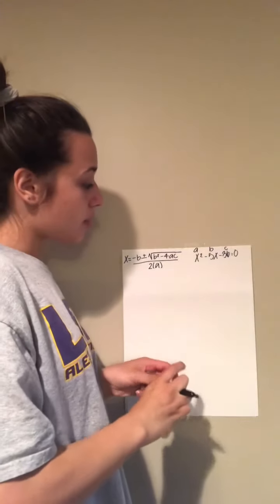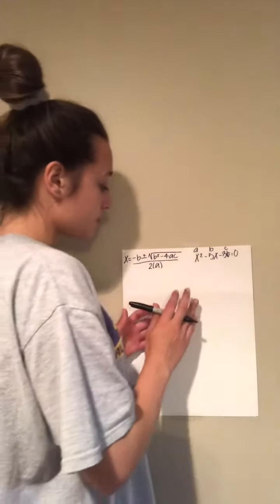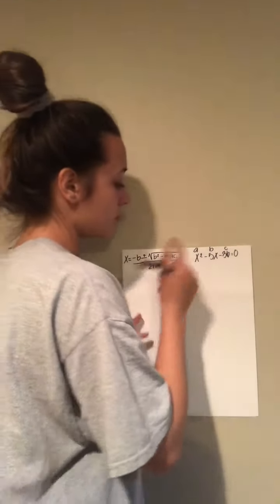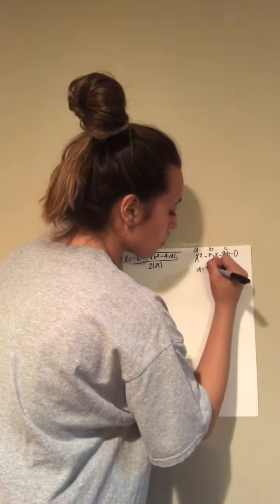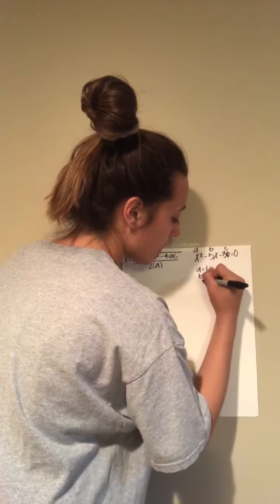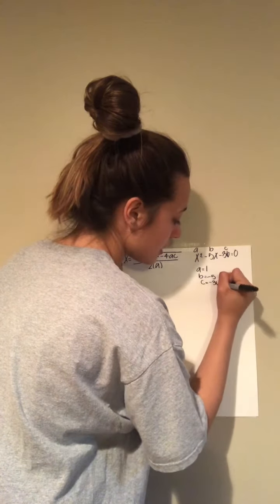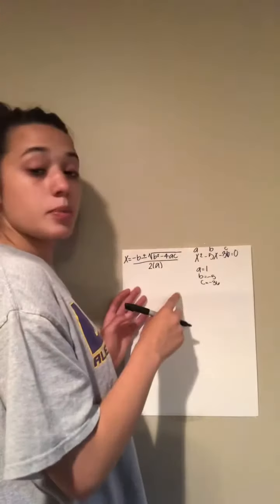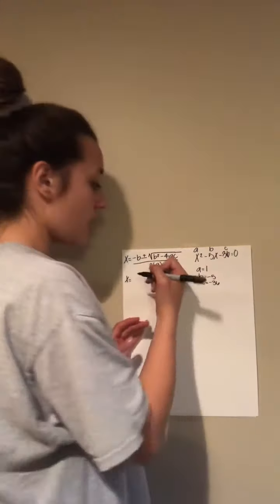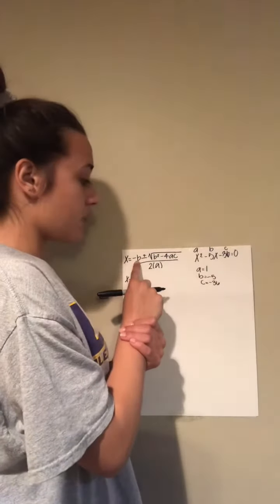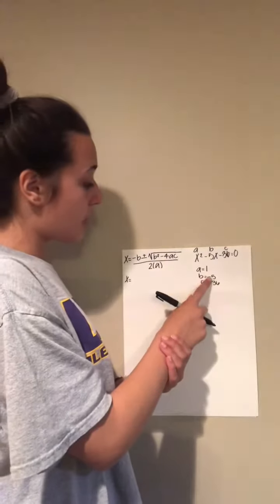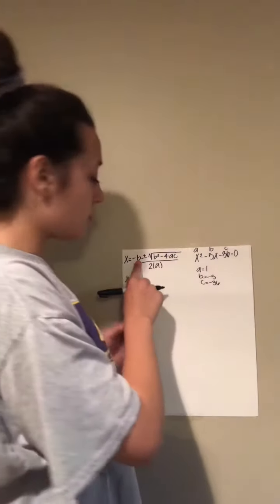The next step is to plug in a, b, and c into your formula. So a equals 1, b equals negative 5, c equals negative 36. So let's plug those in. So x equals, and since it's saying negative b, well, if you look over here, your b is a negative. So a negative and a negative make a positive.